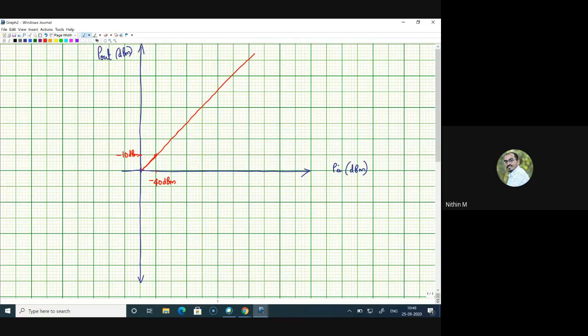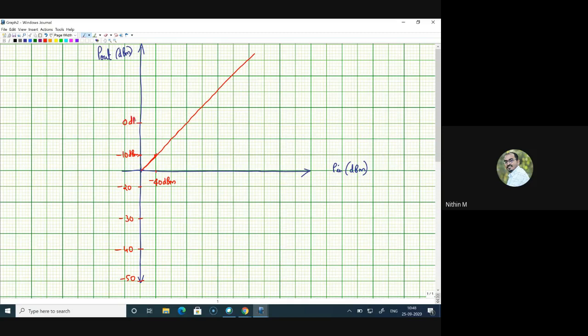Now for the same input, minus 40, this is minus 10. Probably I'll take this as minus 20, this minus 30, this as minus 40, and this as minus 50.